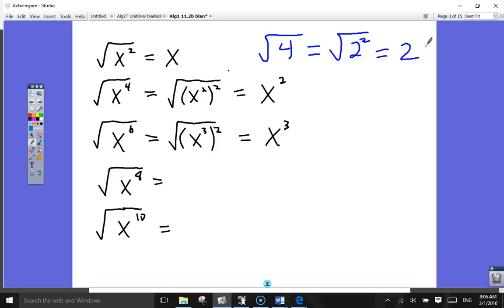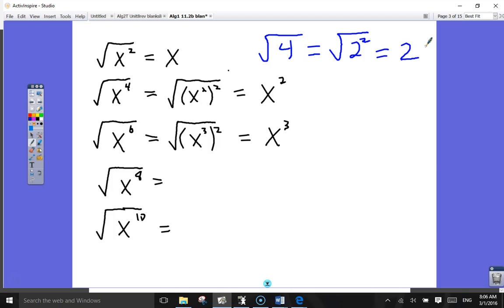Now, if I take the square root of x to the 4th, I could write that as x squared squared because of the properties of exponents. What do you do when you raise a power to a power? What's the operation? This is on your quiz today. It's a multiply. So x squared squared is the same thing as x to the 4th.